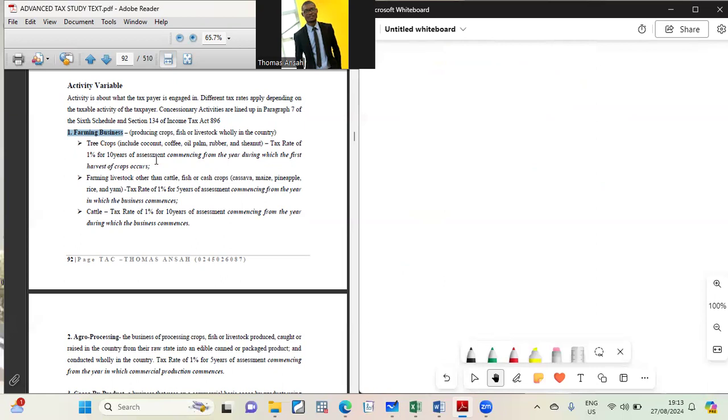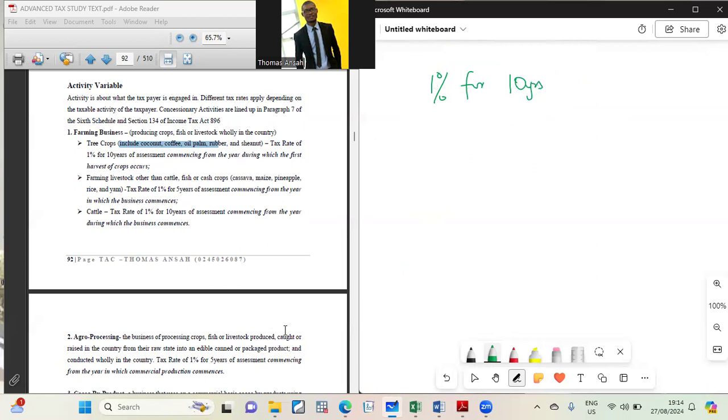Now, what will happen is this. If you are doing a tree crop production, tree crops, these ones, and please take note of this, it's very, very important. It is 1%. You'll be paying tax at 1% for 10 years.